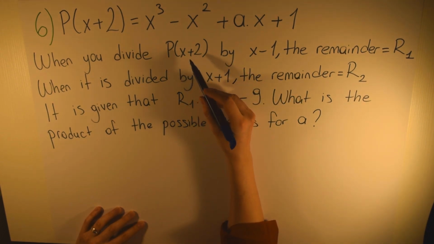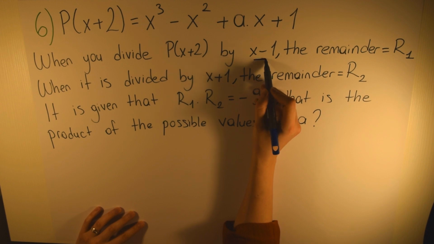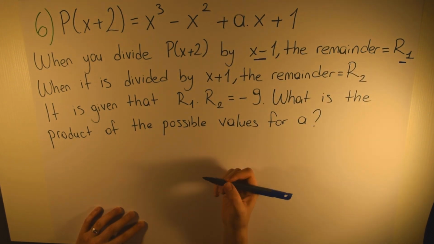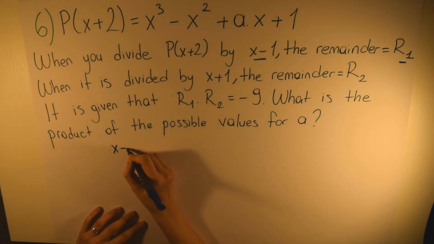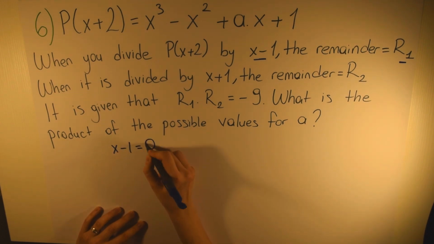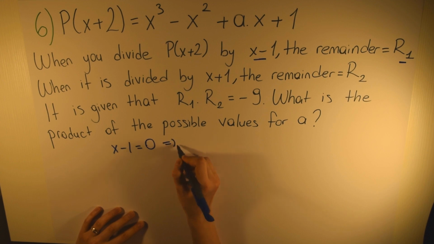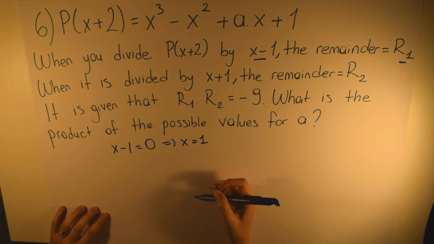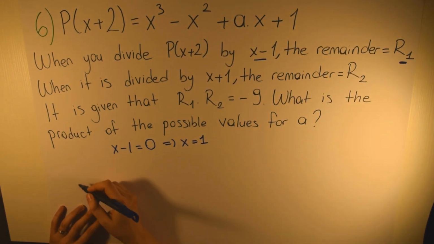When I divide this polynomial by x minus 1, I will get r1, right? So I will make this equal to 0, and I will get x is equal to 1. So when I put 1 instead of x, I should get r1. So let's do that.